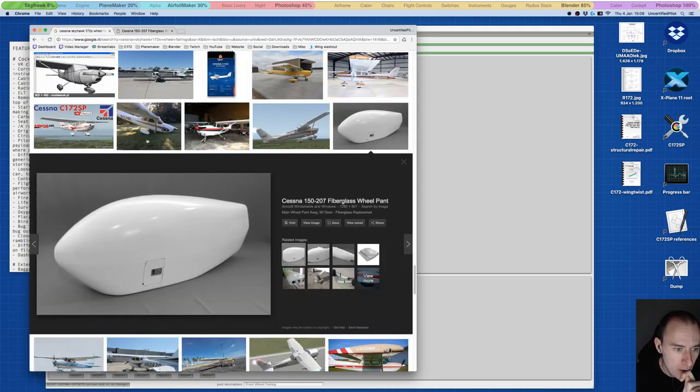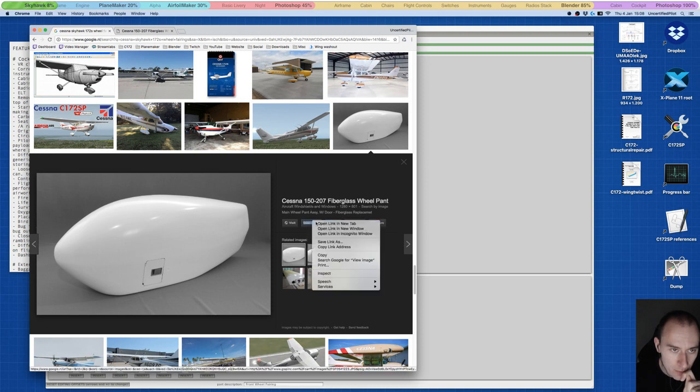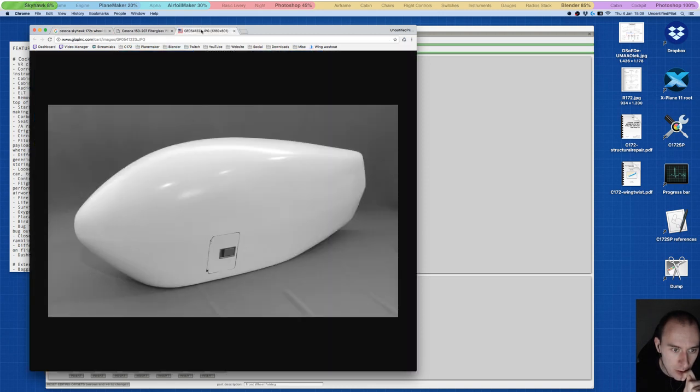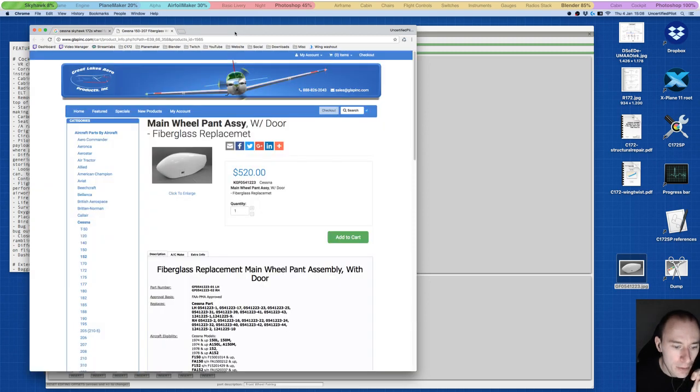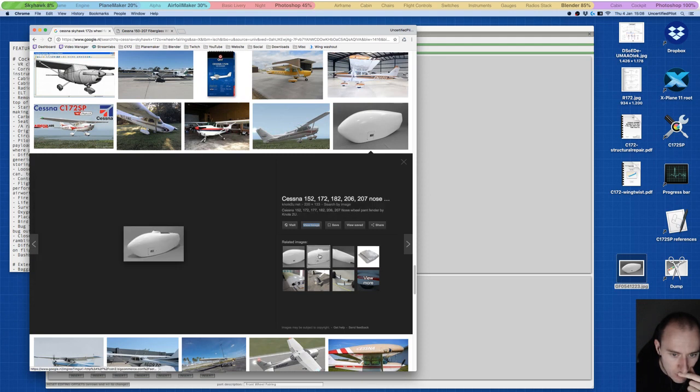Well, it's not bad actually. It's a proper picture. This would be the front wheel. Let's just download it anyway because it is nicely higher res and still at an angle, but we can work with that, approximate that shape. This would be the nose wheel, I think.